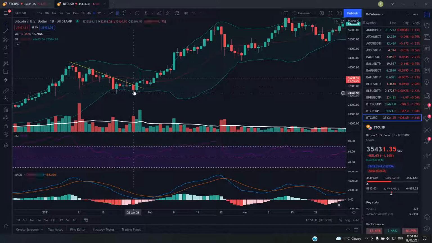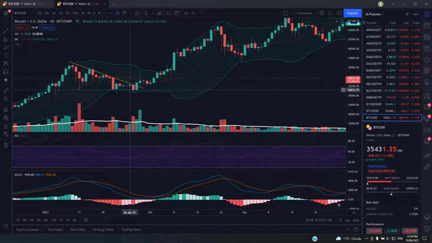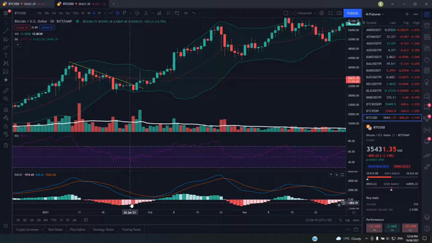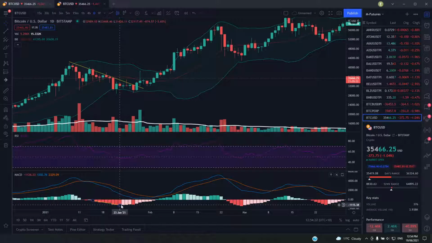Now according to the Bollinger Bands, we are cheap. We are at a good price here. The histogram shows us that the support of the trend is fading, so red strong, and a light red color is fading.